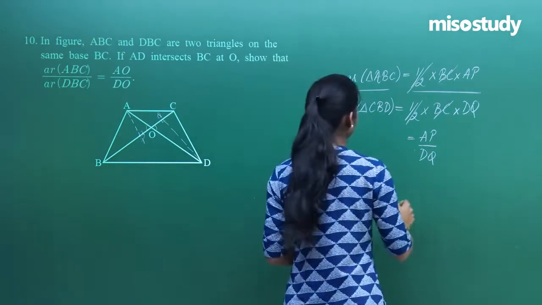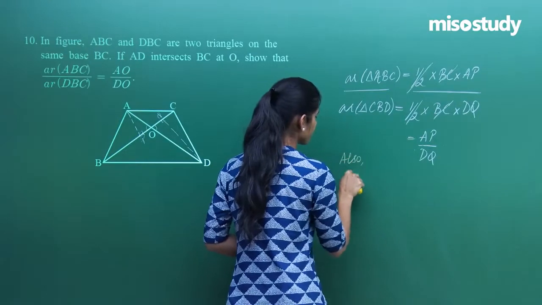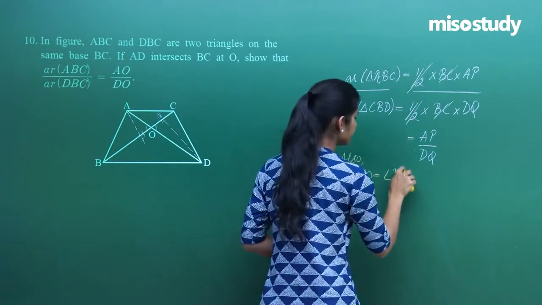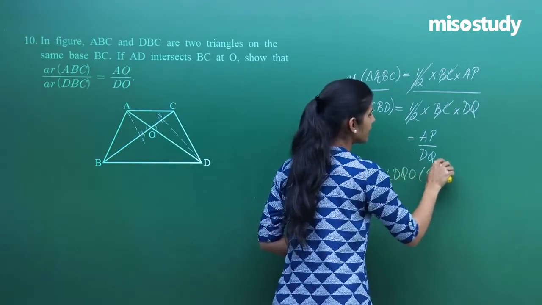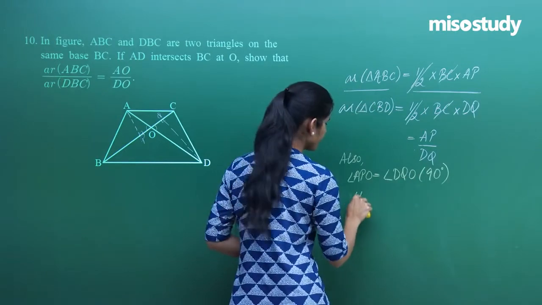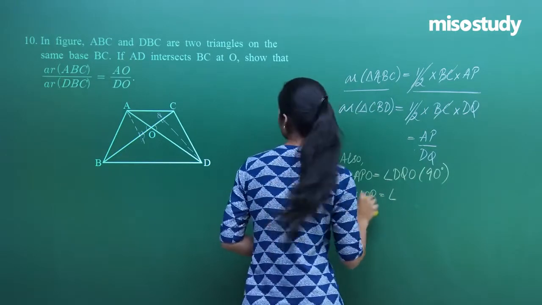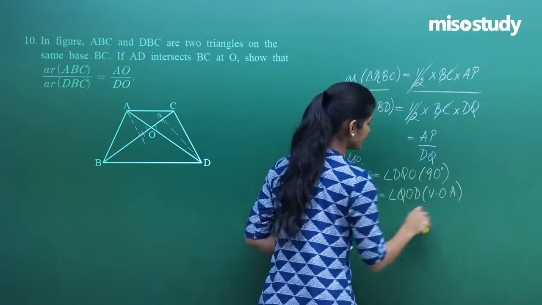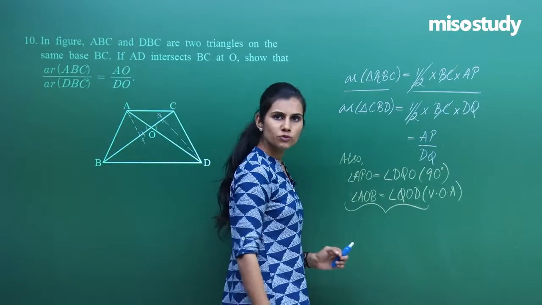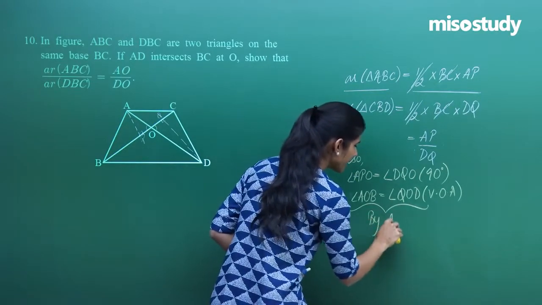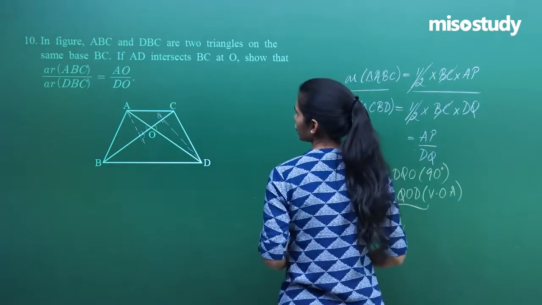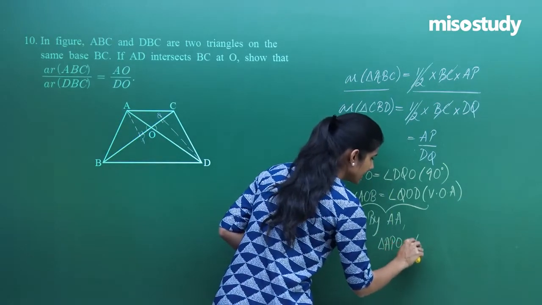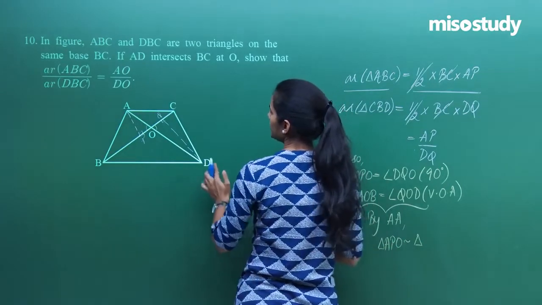So I have angle APO is equal to angle DQO because each is of measure 90 degrees, and angle AOP is equal to angle QOD because they are vertically opposite angles. Two angles of one triangle are equal to two angles of the other. That means by AA similarity, triangle APO is similar to triangle DQO.